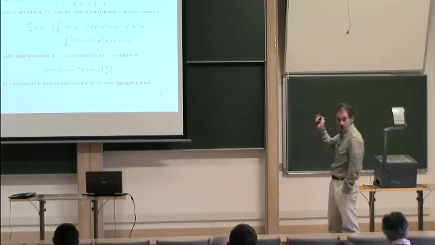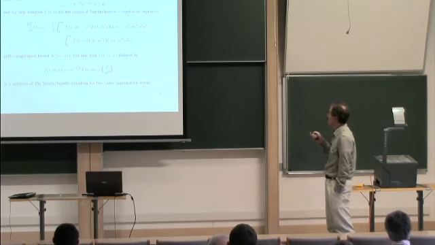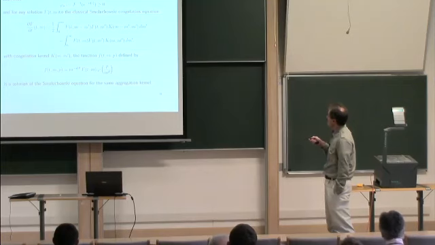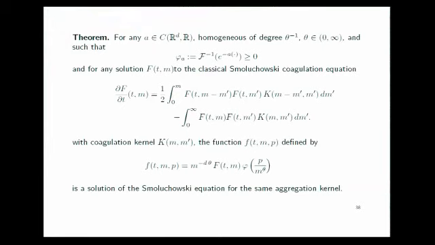You can obtain a whole family of solutions in the following way. Take a function a which is homogeneous of order 1 over theta for any number theta positive, and take the Fourier inverse of the exponential of minus a, and suppose that's non-negative, just because we want non-negative solutions. And let F, capital F, be a solution of the classical coagulation equation.